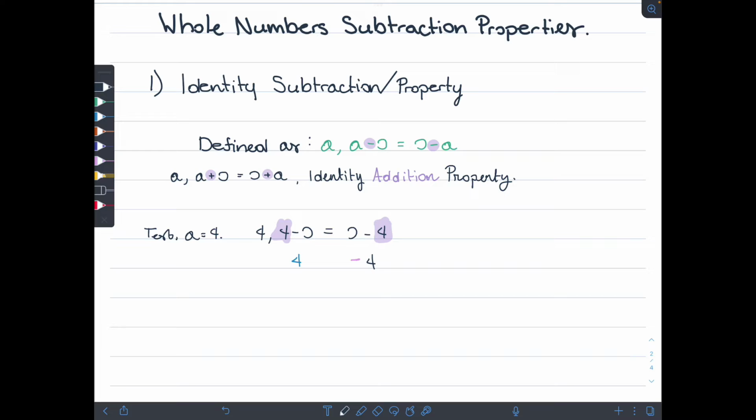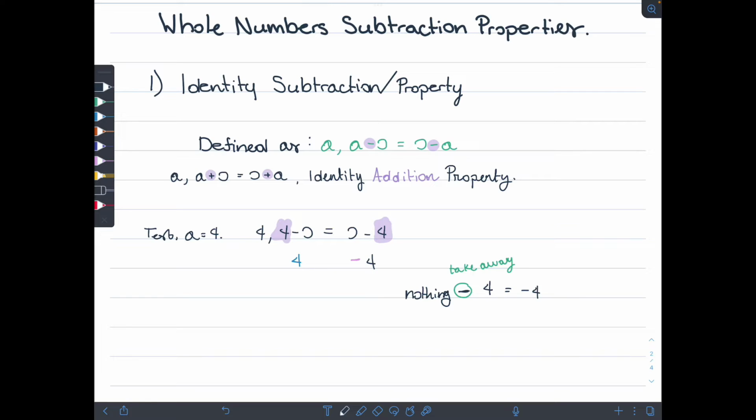Let's do this. If we have nothing and we're trying to take away, or minus, 4, that would equal negative 4. That's what I'm trying to say.